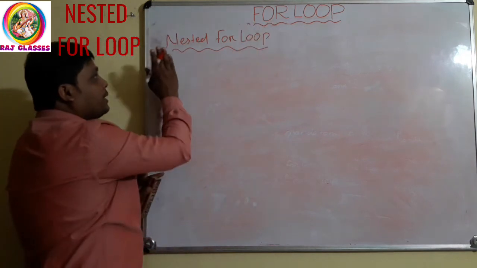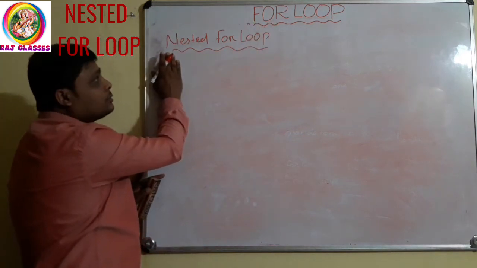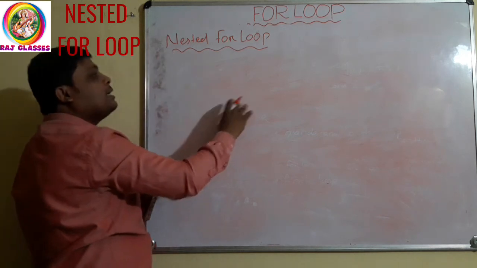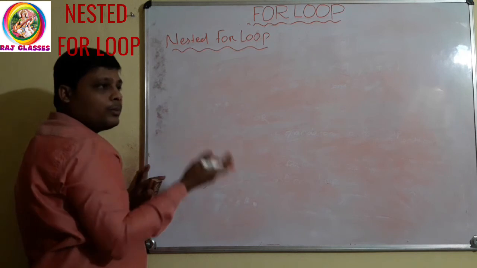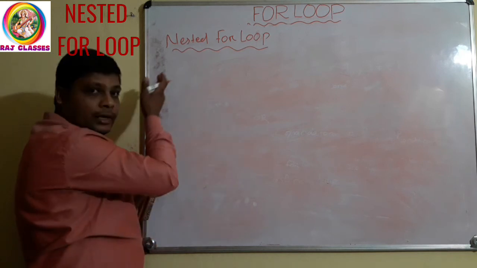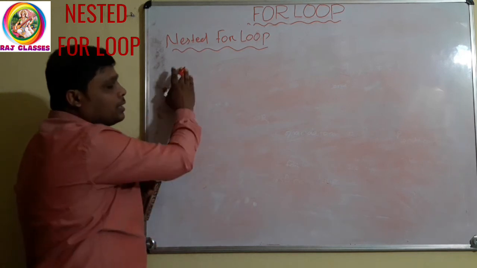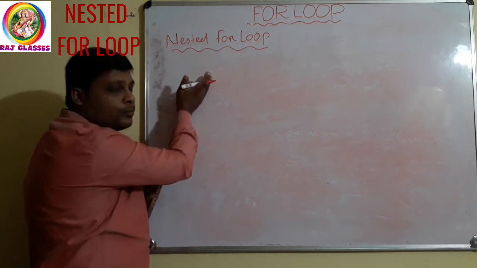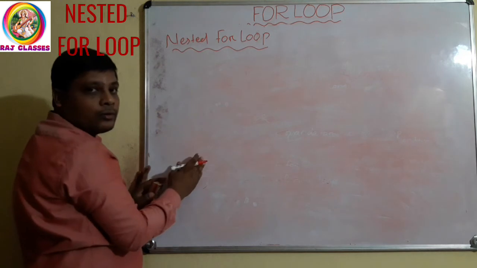So nested means what? One for loop present inside another for loop. We have already discussed this in nested if. If one for loop is present inside another for loop, then that is called a nested for loop.